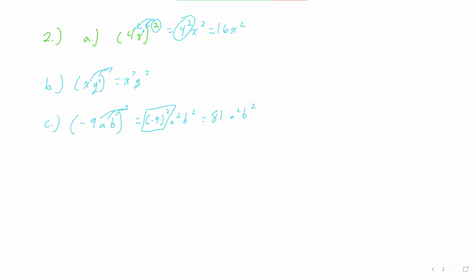So if I was to just do -9 squared, notice it gives me -81. That's incorrect because it's really -9 squared and it's positive 81. So that's why I say if it's a negative number, keep it in parentheses so that the calculator gets it correct.